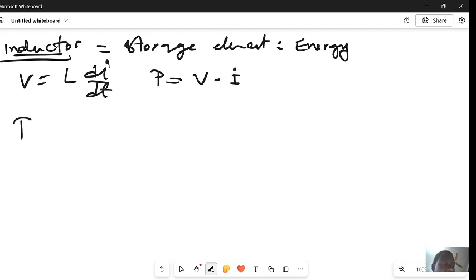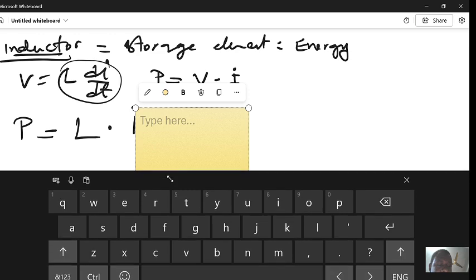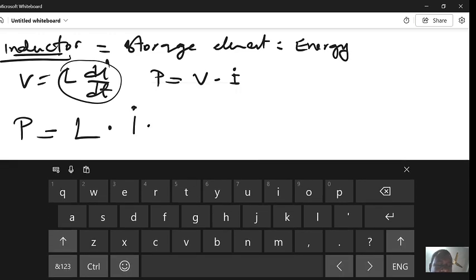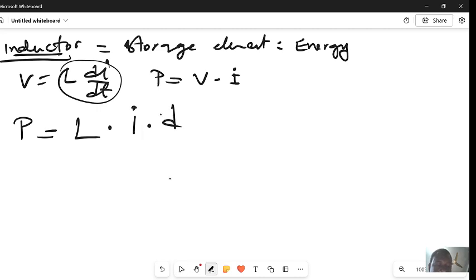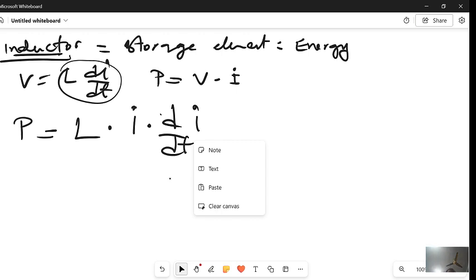Now if I want to determine the power, it's V, this value, L di/dt, multiplied by I. This L di/dt is my voltage, multiplied by the current I. Now this is how we use the voltage.